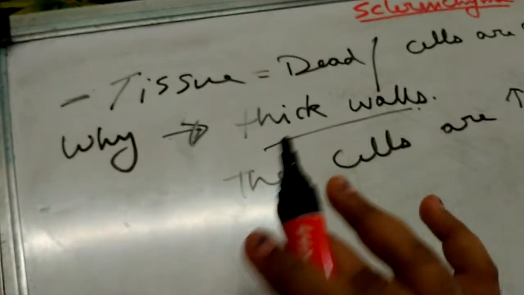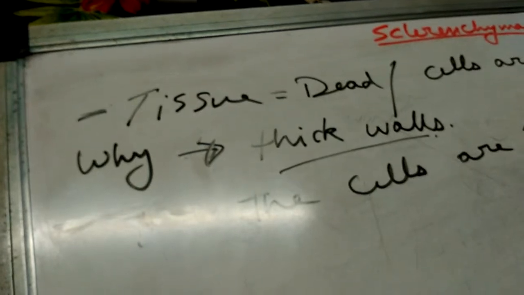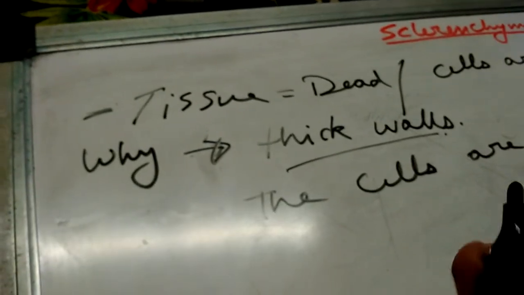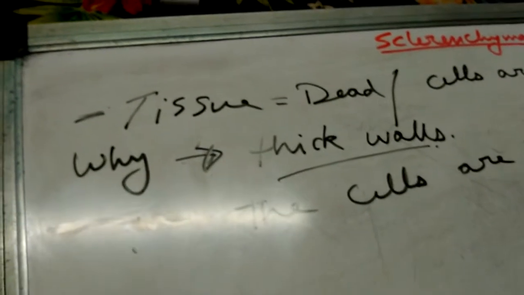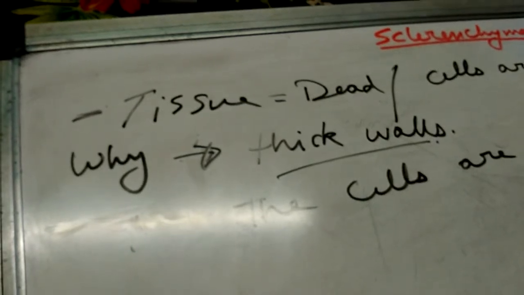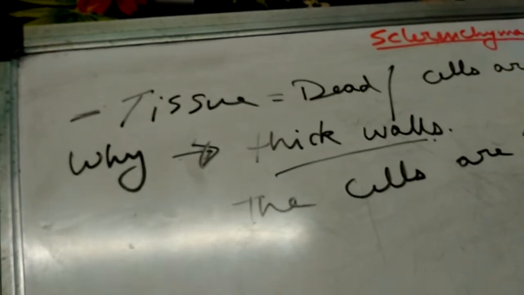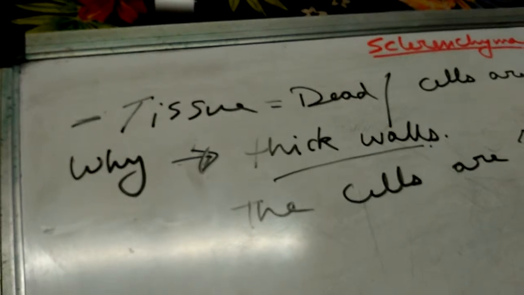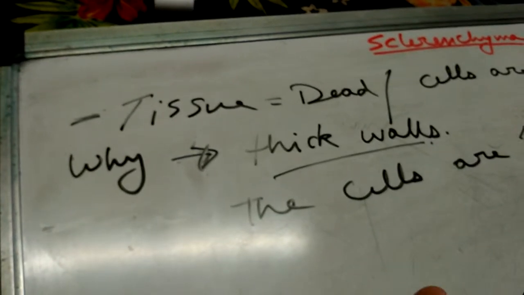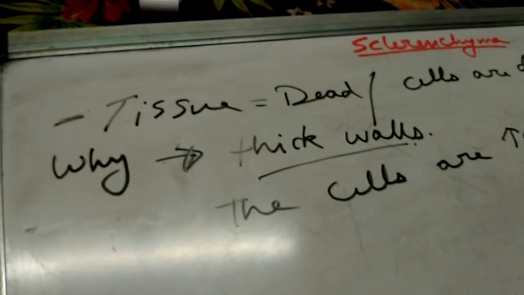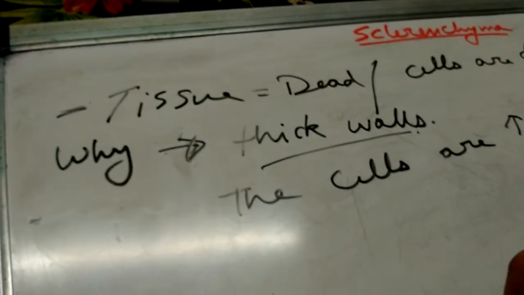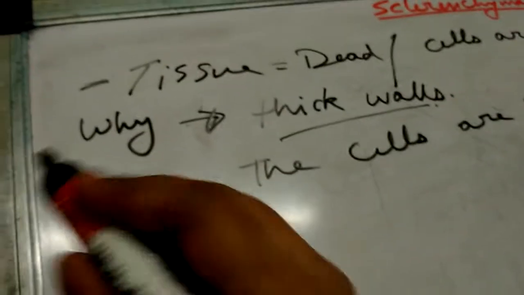Again, if you recall my previous videos, I have told you that due to the protoplast, a particular cell is living. If protoplast is present, then a cell is living. But in sclerenchyma there are no protoplasts, so the cells are dead.